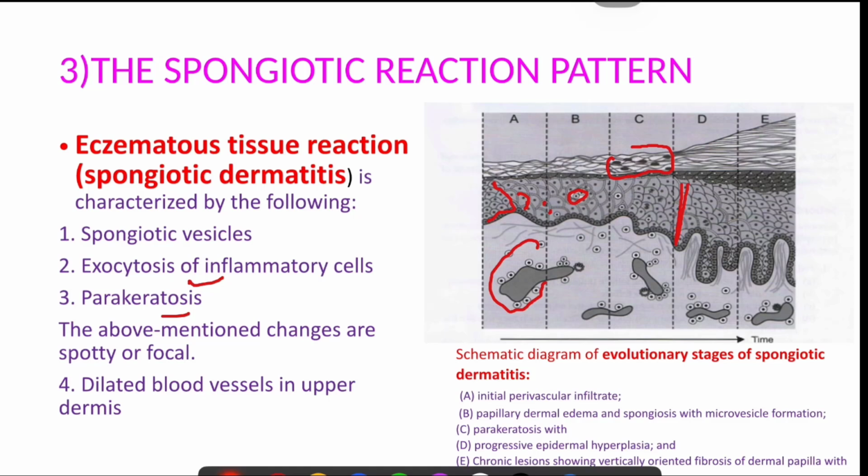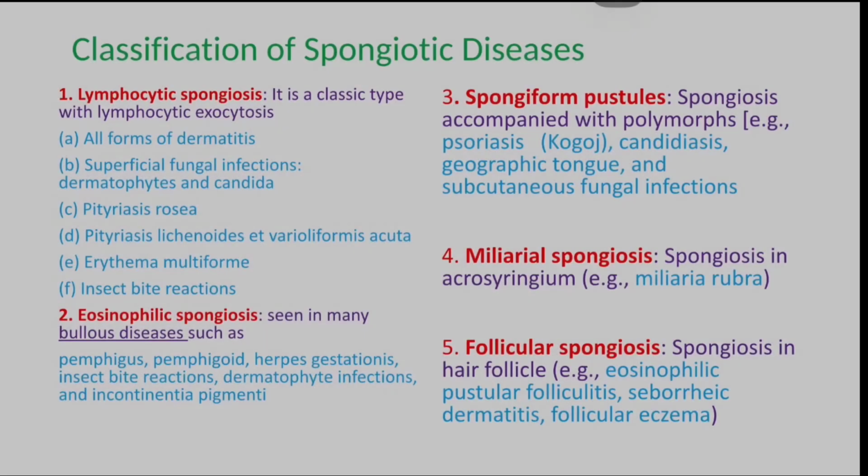So hyperplasia begins, epidermal thickness is increased, and in the late stage you can also identify hyperkeratosis, and most important is vertically oriented fibrosis in the dermal papilla. There is perivascular inflammatory infiltrate, hypergranulosis, and parakeratosis. So this is the spongiotic pattern.